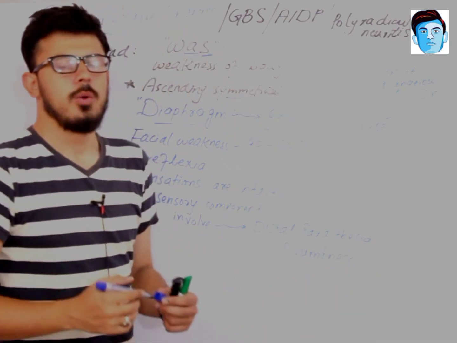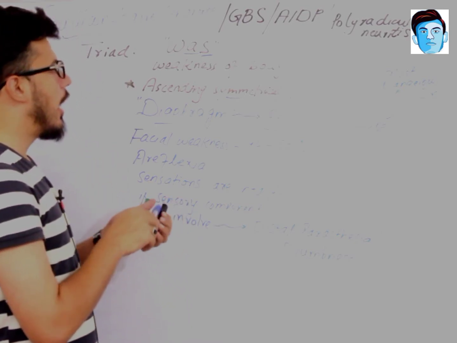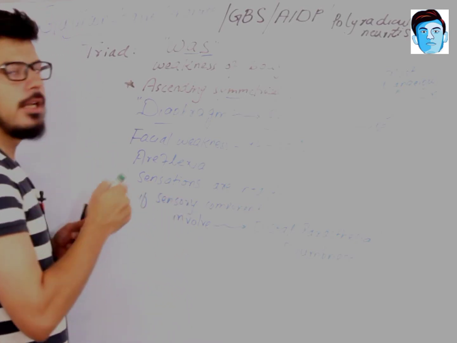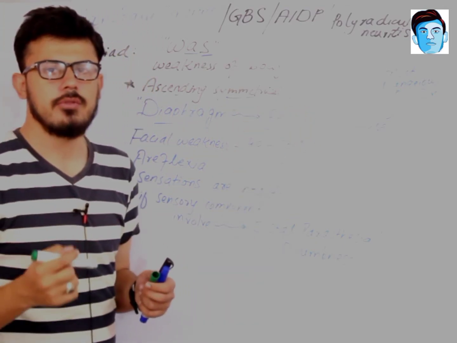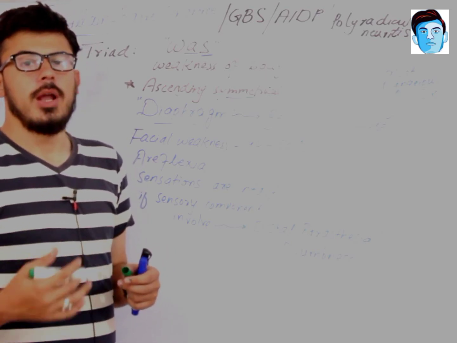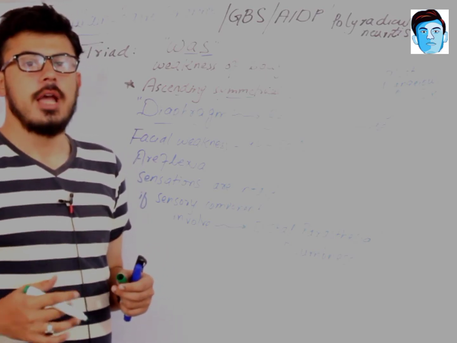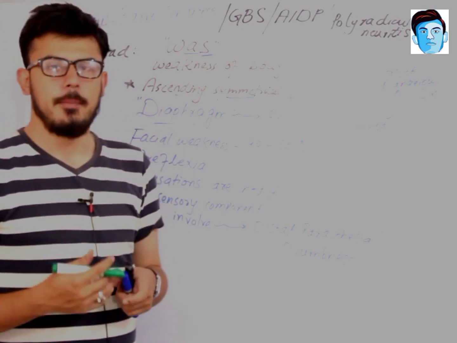So I repeat, what are the most important features? That is weakness, and mainly ascending symmetrical paralysis occurs. It means paralysis starts from the lower extremities, then shifts toward the upper extremities. While in poliomyelitis, or polio, there is descending asymmetrical paralysis.